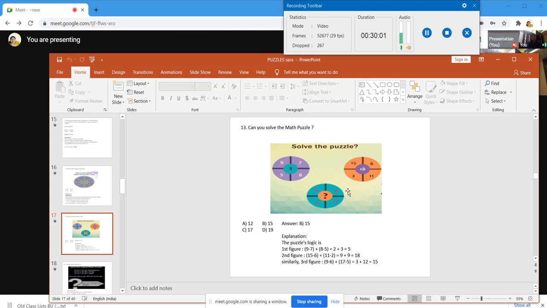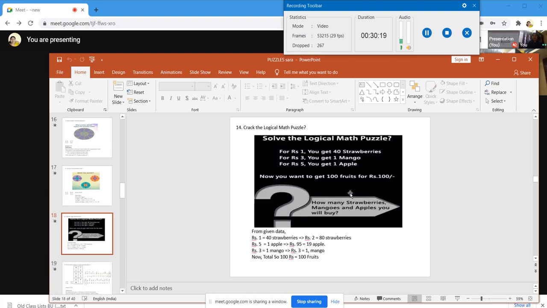Likewise 8 minus 5 is 3. When you add the differences of the top half and the bottom half, that will be the middle answer. Likewise we can find the last one also. 9 minus 6 is 3. 17 minus 5 is 12. So the answer is 15.